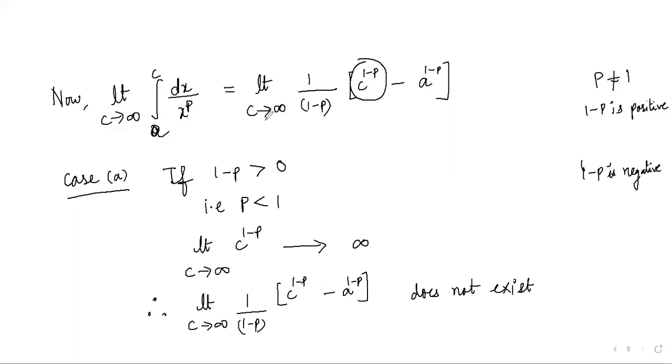And since this limit does not exist, the improper integral for this particular case, p less than 1, will not converge, and it will be divergent.